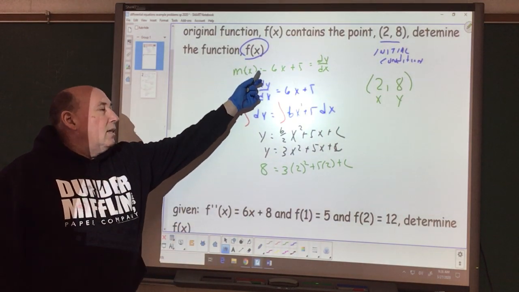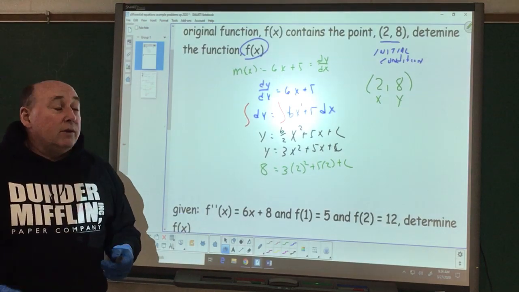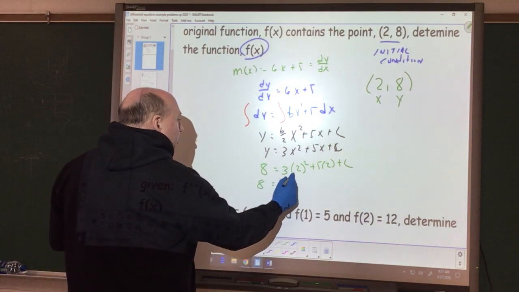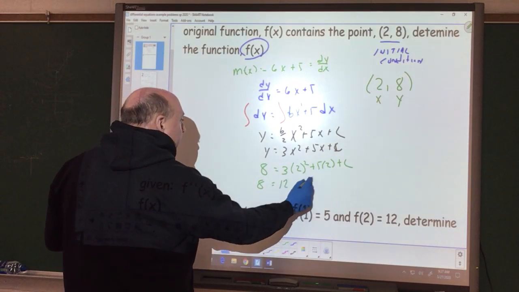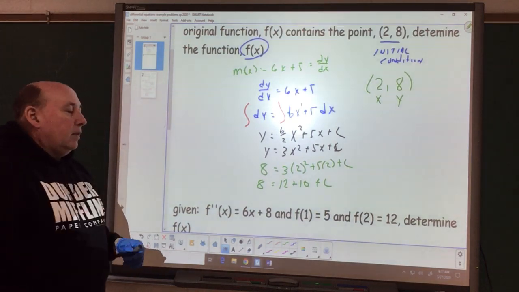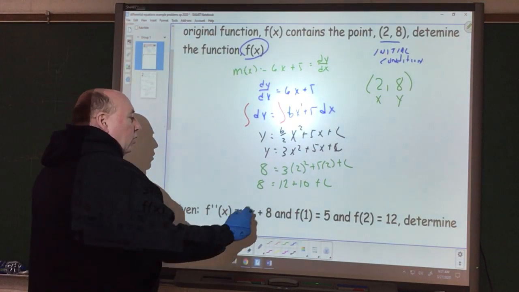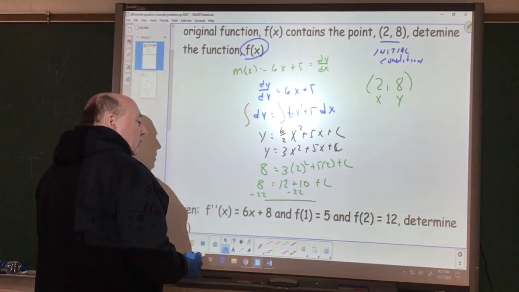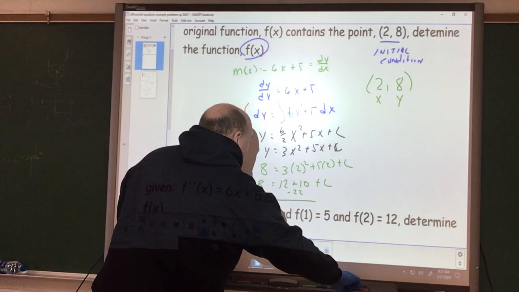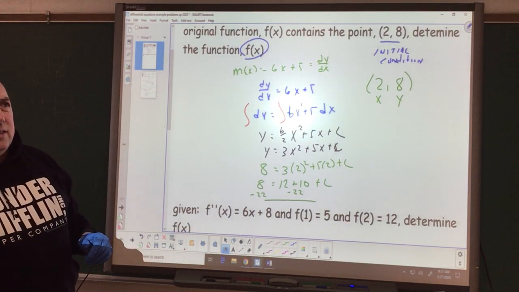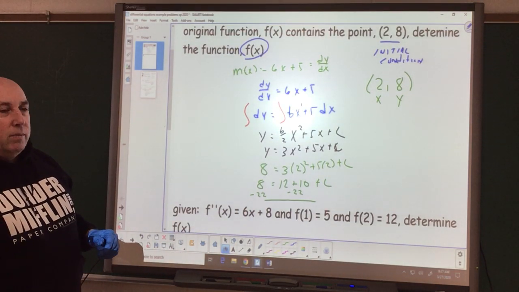Just how we got to this was just a little bit different, but we're still doing the same thing. So we have 8 is equal to, let's see, this is 4, 12, this gives me plus 10, plus c. This is 22, so I can subtract 22 from both sides. So we get a c value of 22 minus 8, which is negative 14.